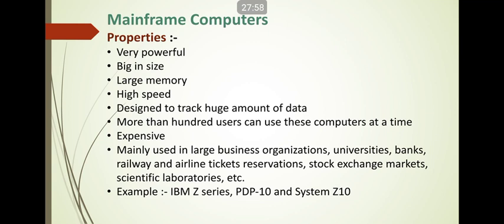They are designed to handle a huge amount of data. More than 100 users can use these computers at a time. Means in the first one, microcomputer, only one can use; mini computer, up to 200 can use; in mainframe computer, more than 200 can use.